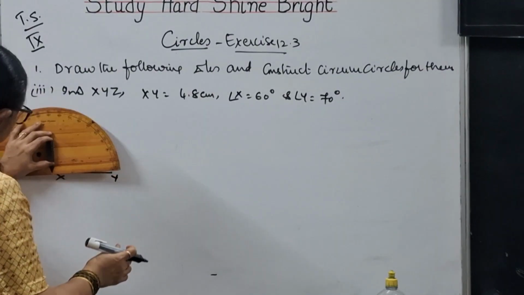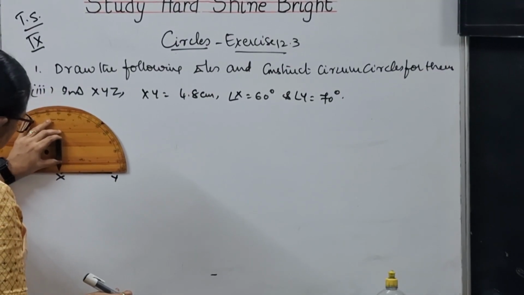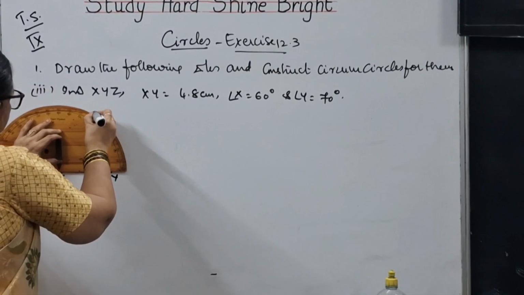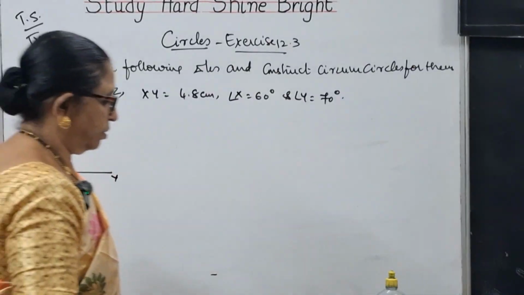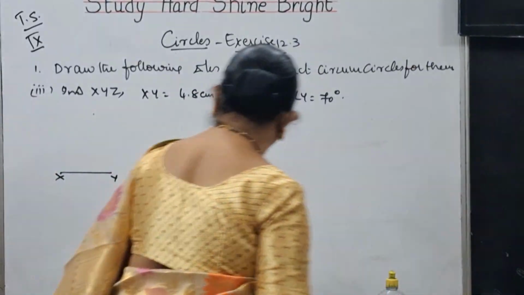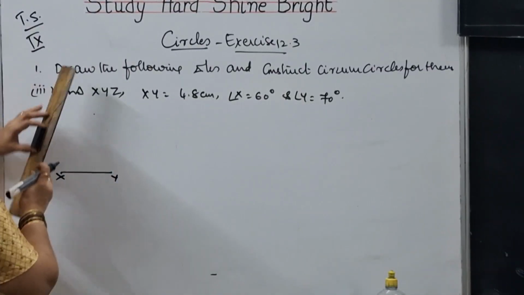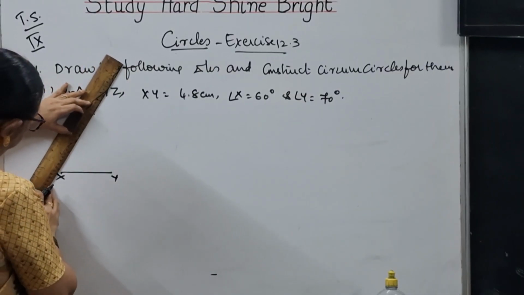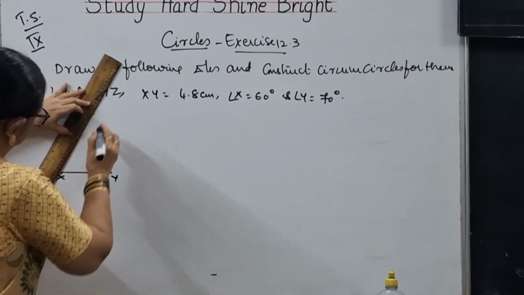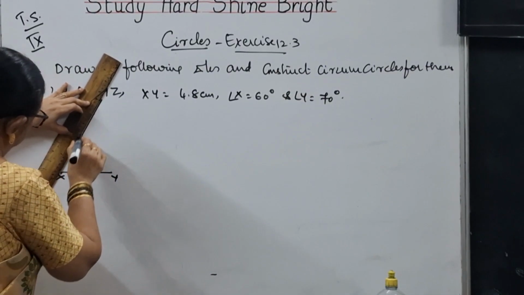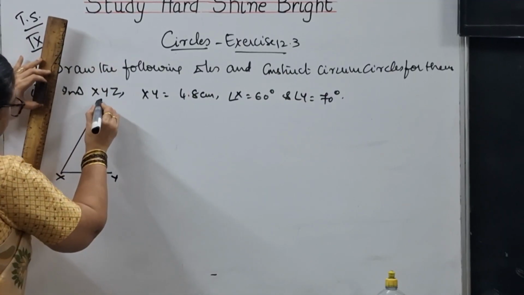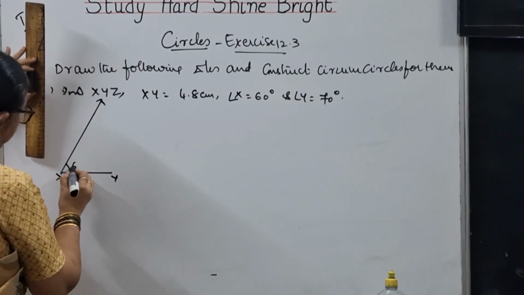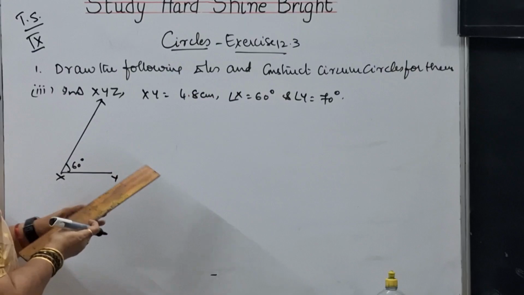So, at X, we have to take 60 degrees. So, this is a ray maintaining 60 degrees.